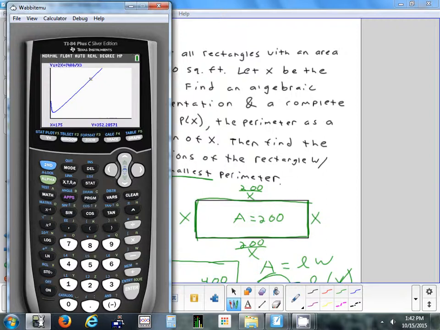So second calc, what do we use? Minimum. Pick a point left, right, and a guess. So x is 14.14.